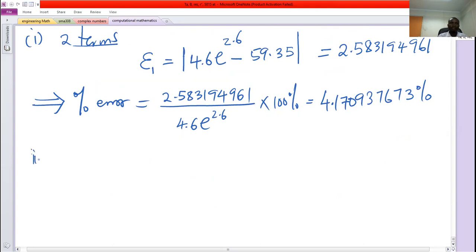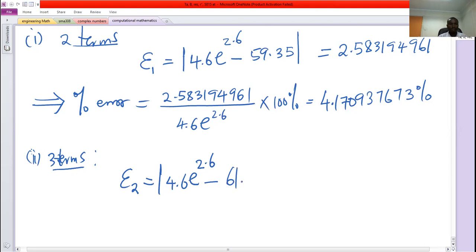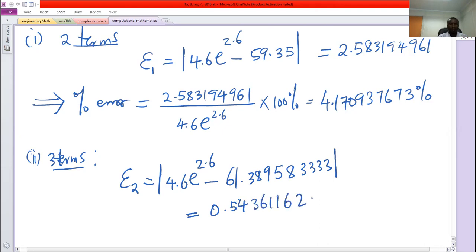When we have three terms, let's call error epsilon 2. So it'll be 4.6 e raised power 2.6 minus the approximate value, which in that case was 61.3895833333. When you work out, you get 0.543611628. And you see this one is lower than the previous one.